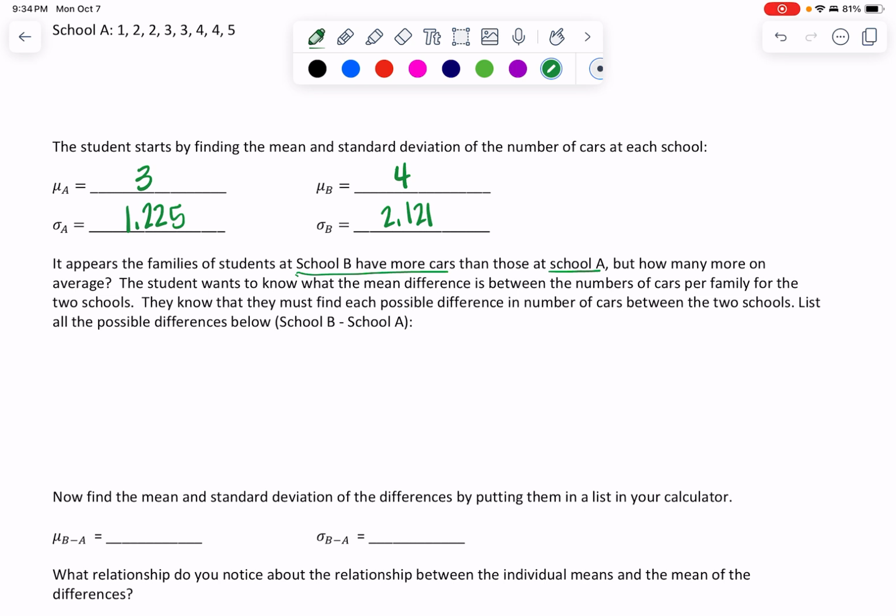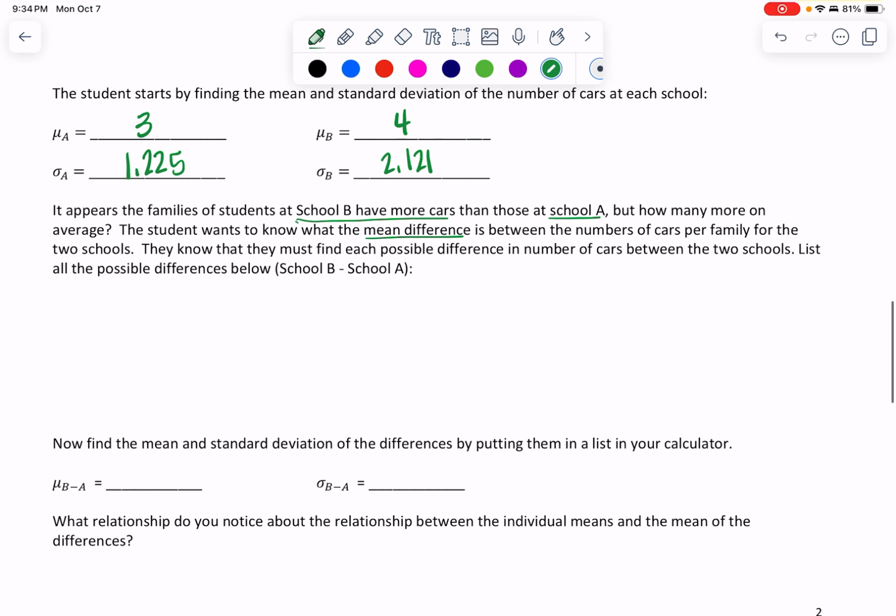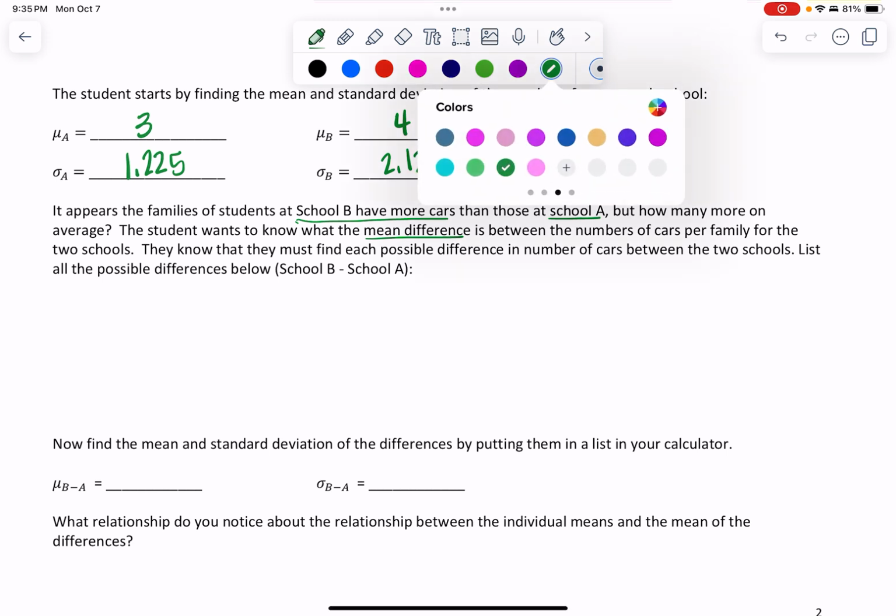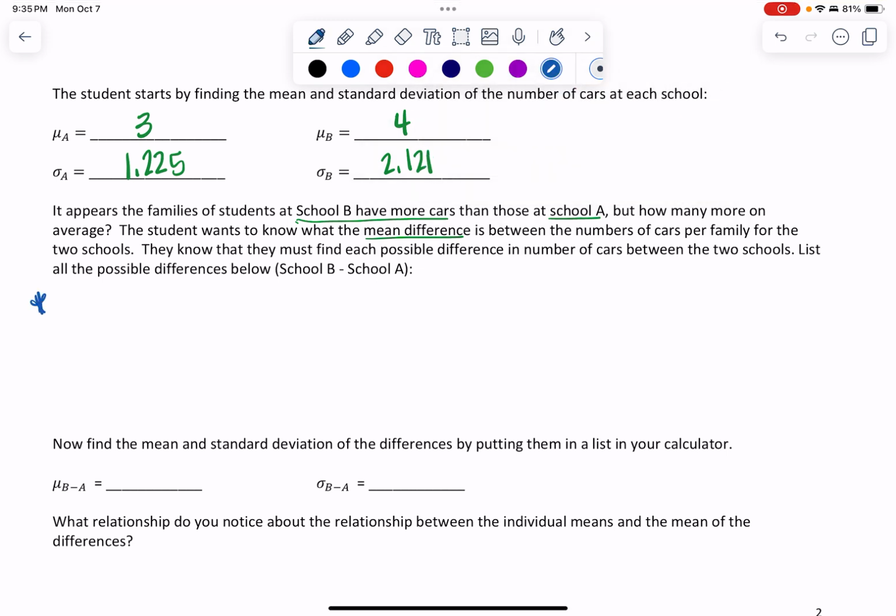The student wants to know what the mean difference is between the number of cars per 2 schools. They know they must find each possible difference in number of cars. Well, we spent all this time working on that, so let's use the rules.